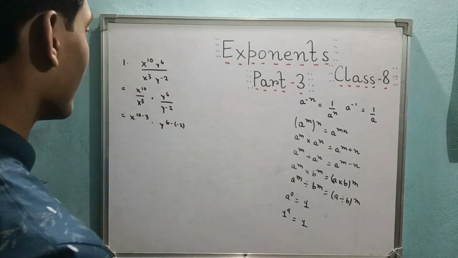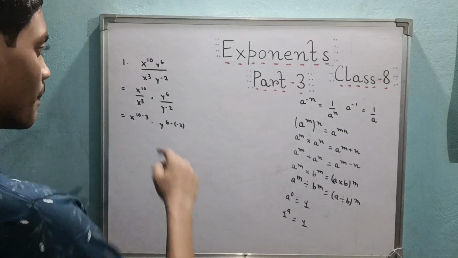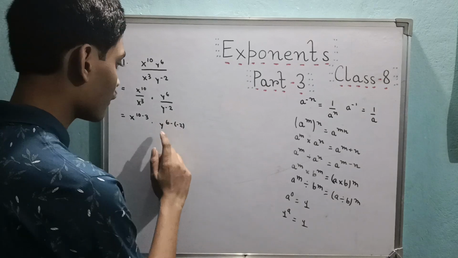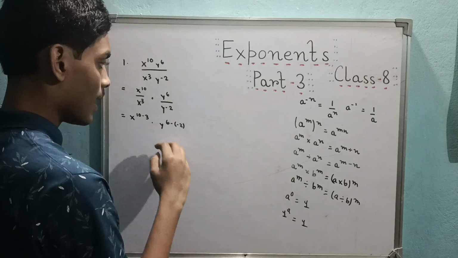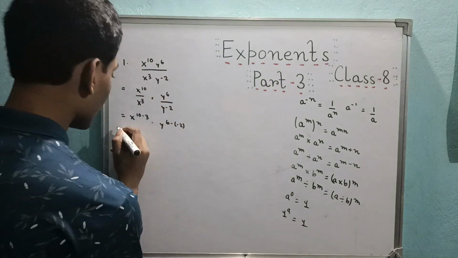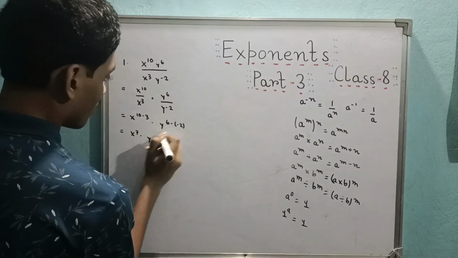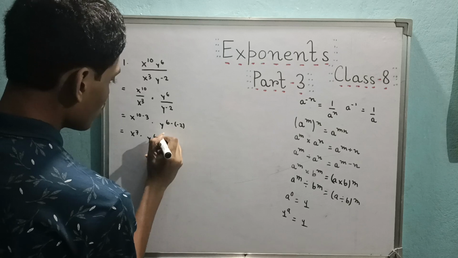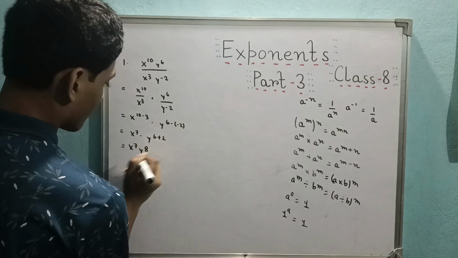That's the rule. a to the power m divided by a to the power n equal to a to the power m minus n. The powers get subtracted. So for this base y, the powers get subtracted here, y to the power 6 minus minus 2. And we are subtracting powers because it is division. Now just solve it. x to the power 7 divided by y to the power 6 plus 2 equal to x to the power 7 y to the power 8.